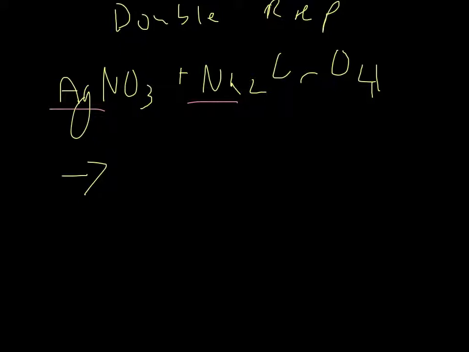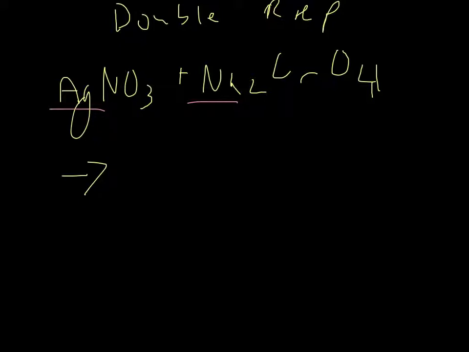It's kind of weird to wrap your head around, but imagine the two anions, the nitrate and the chromate, stand still, and the silver and the sodium, they just switch places. They unhook from their partners, or their partner ion, and they just switch places.